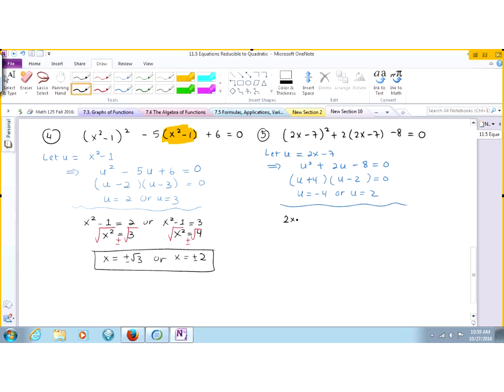What am I supposed to write here in place of u? 2x minus 7 is negative 4, or 2x minus 7 is equal to 2. So 2x is equal to 3, so x is 3 over 2. What about here? 2x is equal to 9. x is equal to 9 over 2.